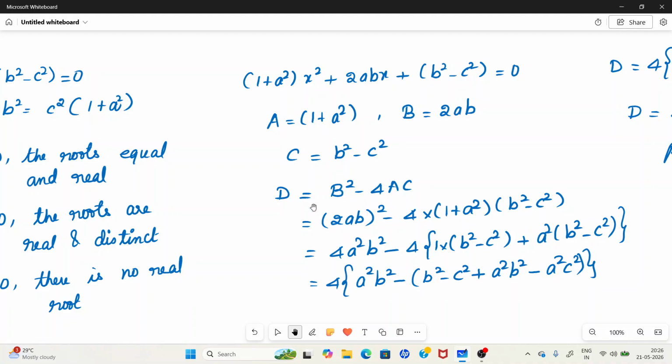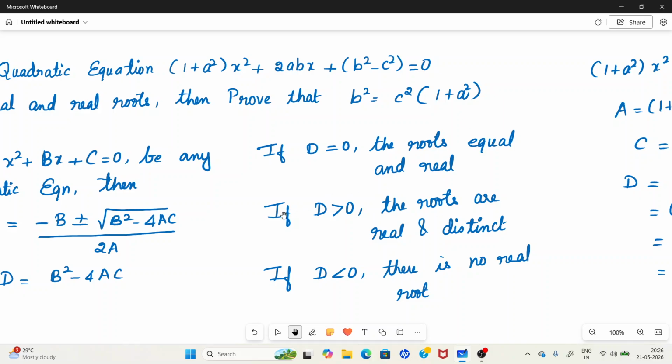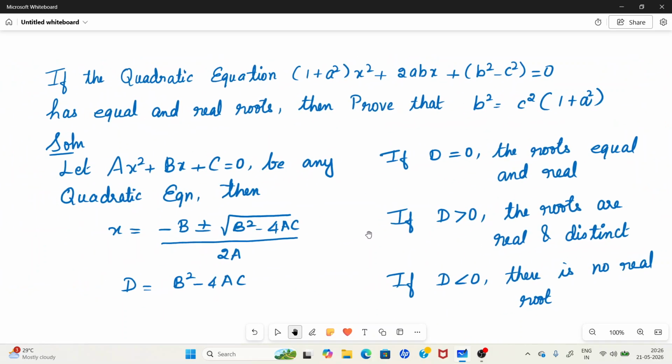So here a little recap. This is the question. It's the quadratic equation (1 + a²)x² + 2abx + b² − c² = 0. Then prove that b² = c²(1 + a²). The condition is D = 0, and that means the roots are equal and real.